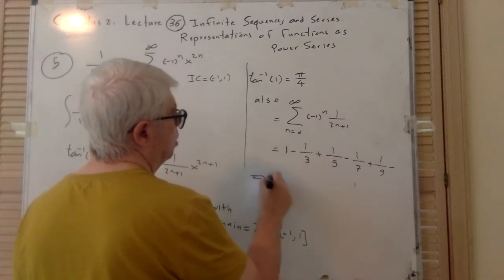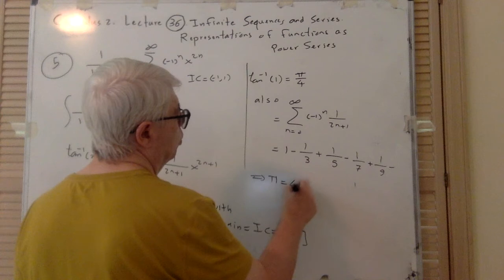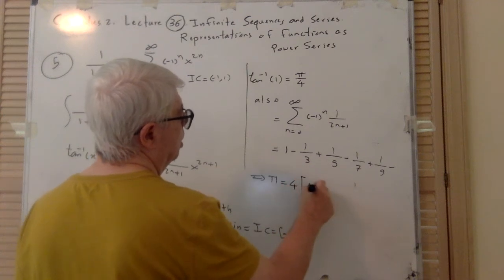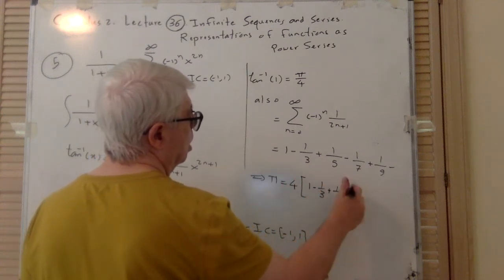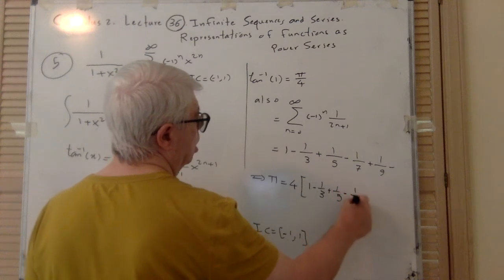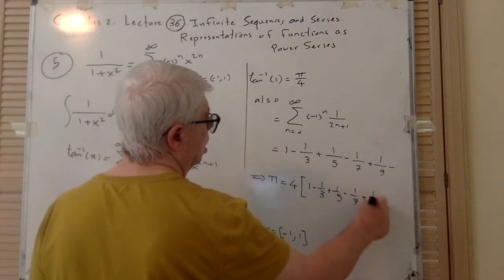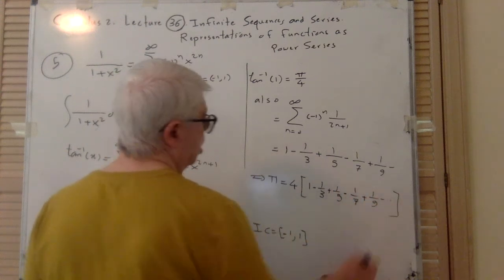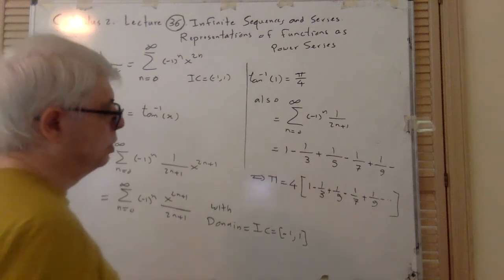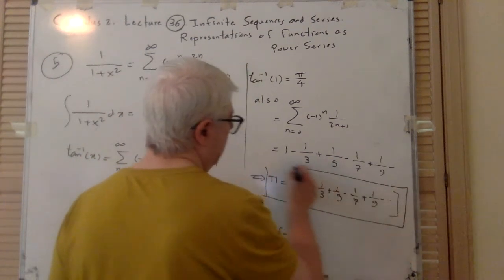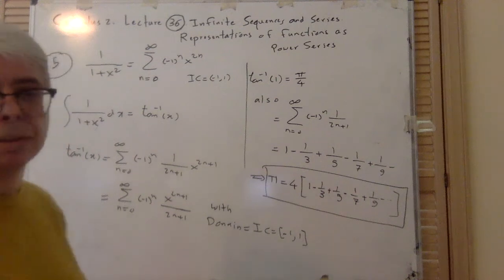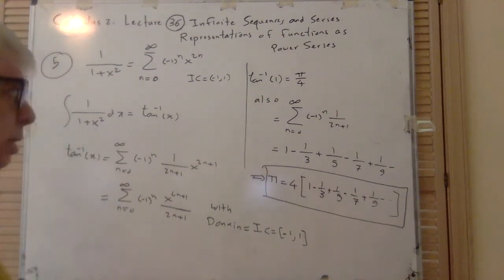So this gives me that pi equals 4 times this. So pi is this.